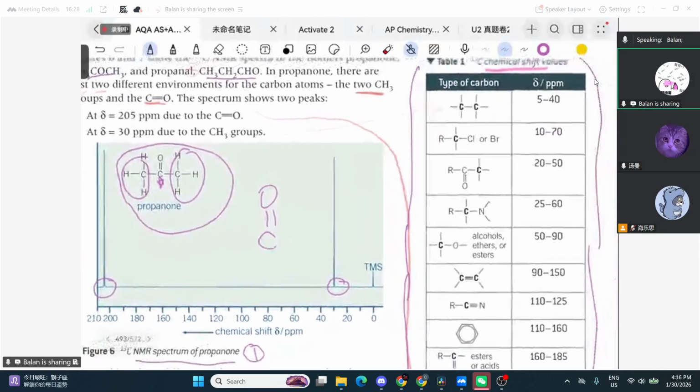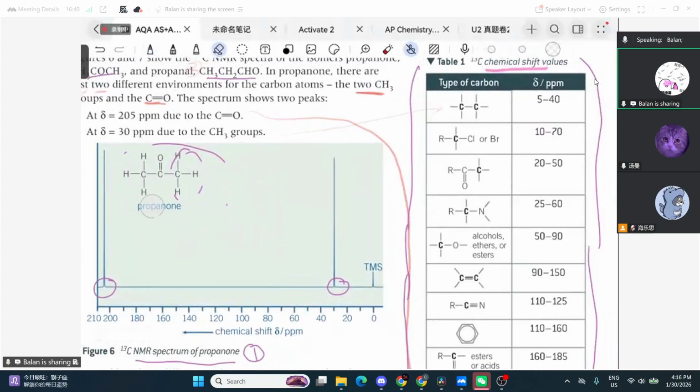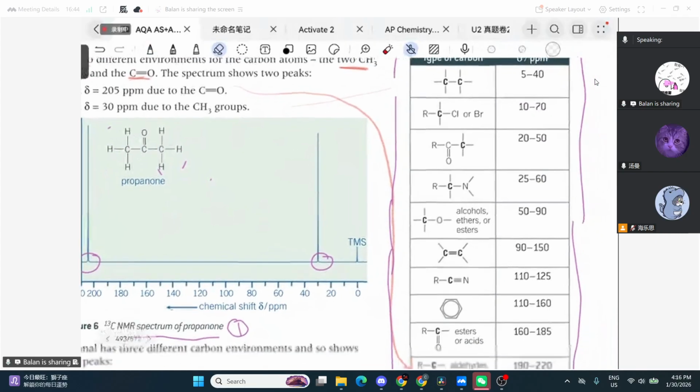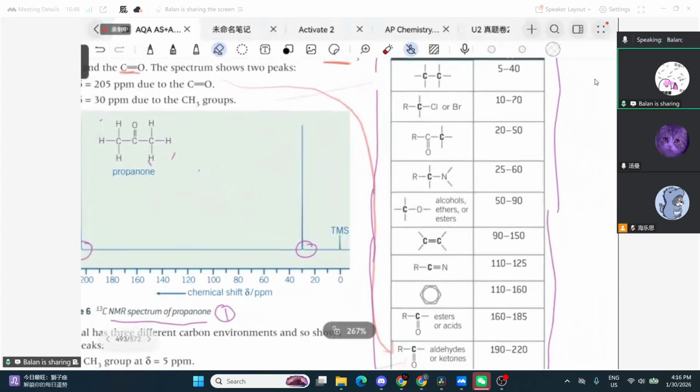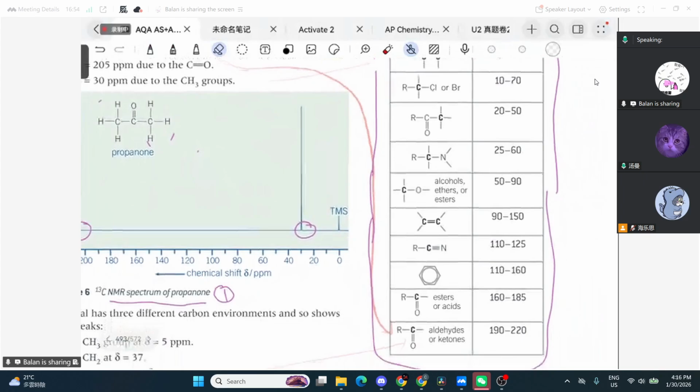So now you can use this table to find out which carbon gives a chemical shift of 205. You can just search in this table. Aldehyde or ketone?